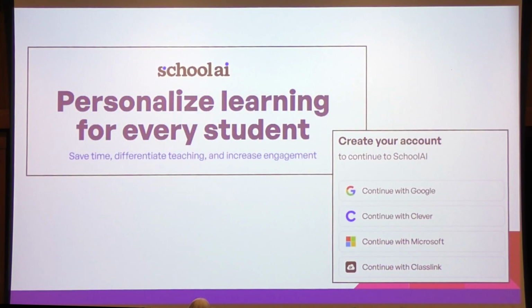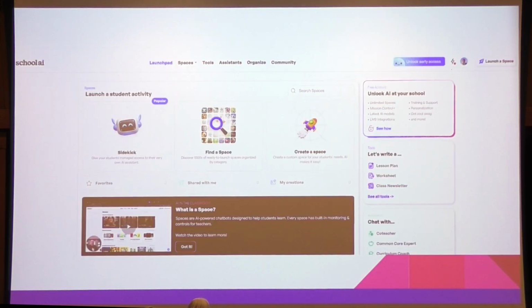School AI, I saw a couple people in the sign-in form have used School AI, which is very similar. You can integrate it with Clever if you use Clever. But what's really nice about both Mizou and School AI is that the students don't need to log in. You log in, you create your spaces, and then they can engage with them.